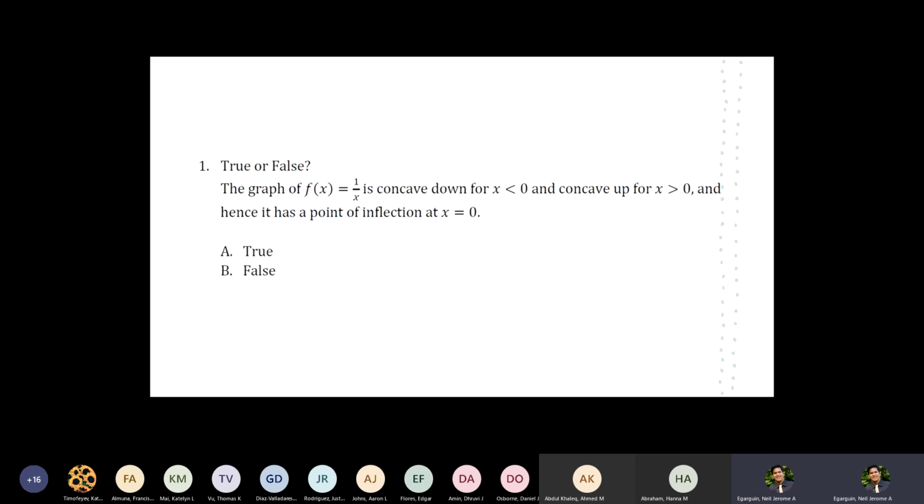For those who have seen the question late, kindly take a snapshot. I'm going to go to problem number 2 in about 15 seconds.